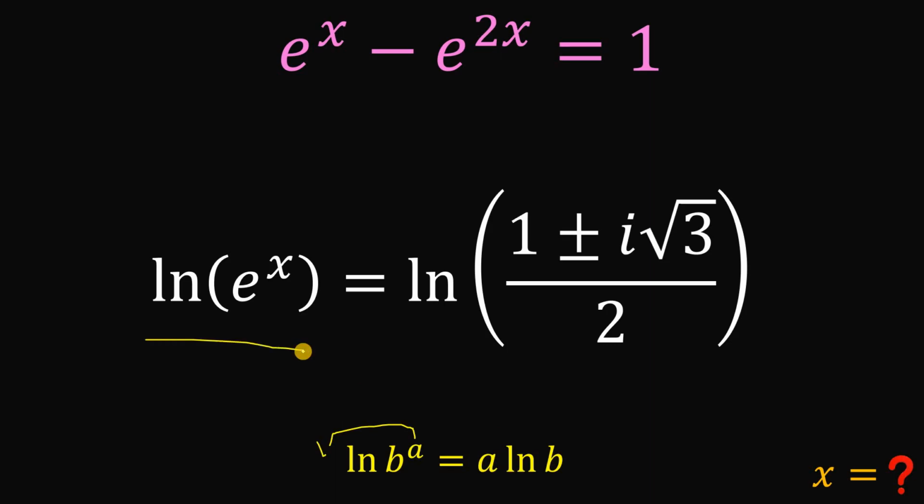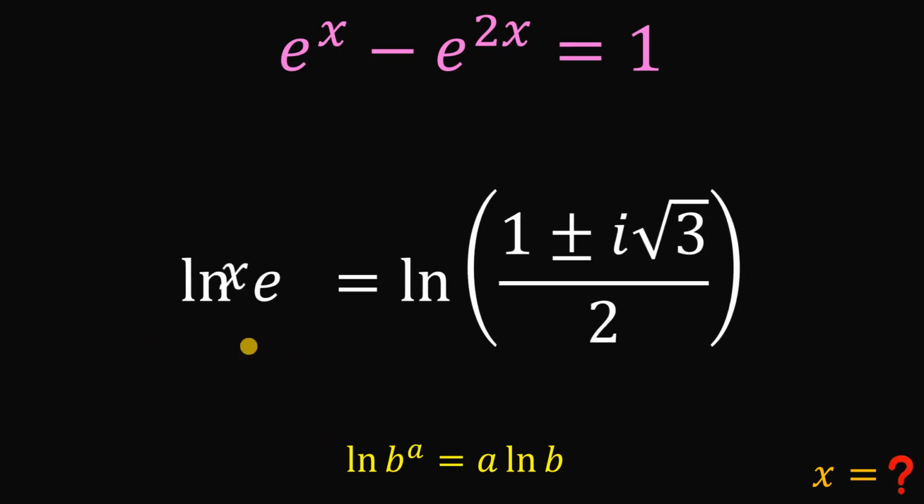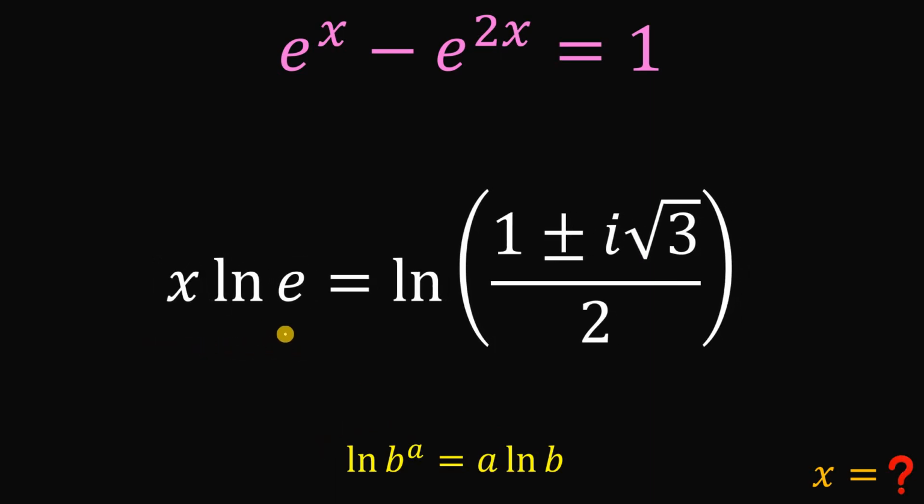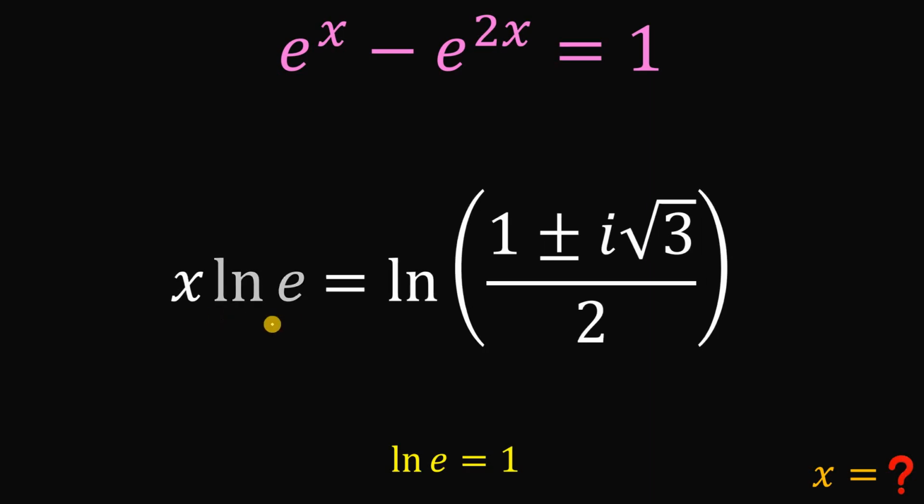So the left-hand side of our equation, we can rewrite this as x multiplied by ln of e. Now, another property of natural log is that ln of e must be equal to 1 because the base here is also e. So, this ln e is just 1, so x times 1 is just x.